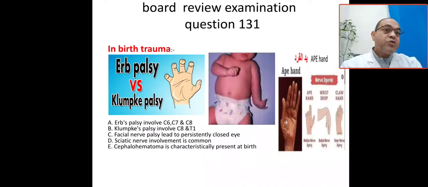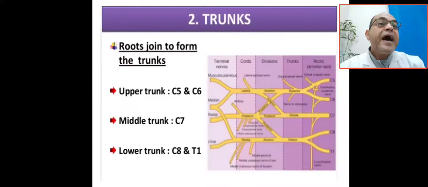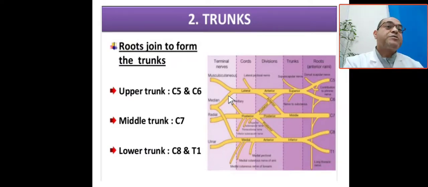Before we answer this question, to know the difference between Erb's palsy and Klumpke's paralysis, and the common position of Erb's palsy and of Klumpke's paralysis, you have to know the anatomy of the brachial plexus. The upper trunk is C5 and C6, the common injury of Erb's palsy.